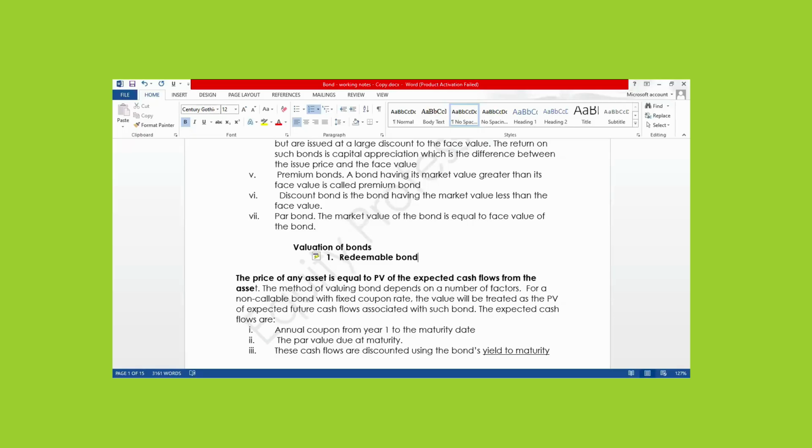So the question is, what is a redeemable bond? A redeemable bond is a bond with a specific maturity date, a specific maturity period.